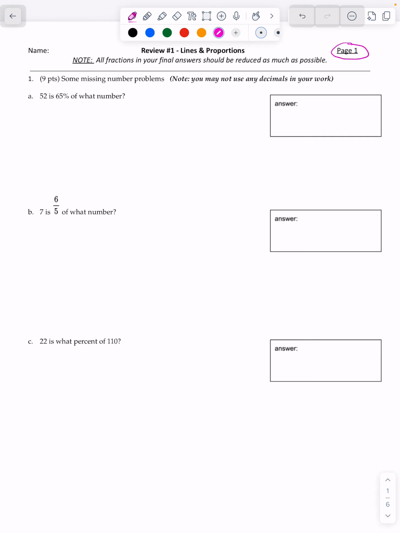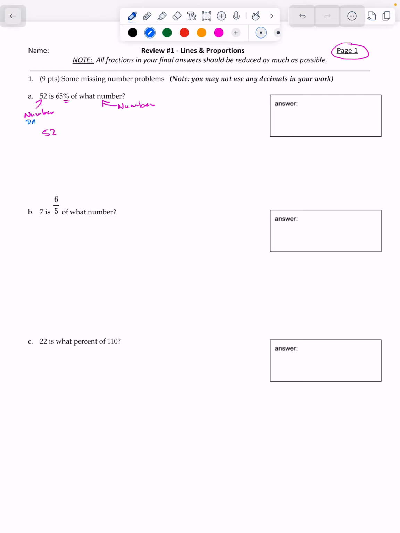So 52 is 65% of what number? That's a number, and that is going to be a number that we find. However, 65 is obviously a percent. So we're going to do 52. Oh, by the way, I need to make this clear.